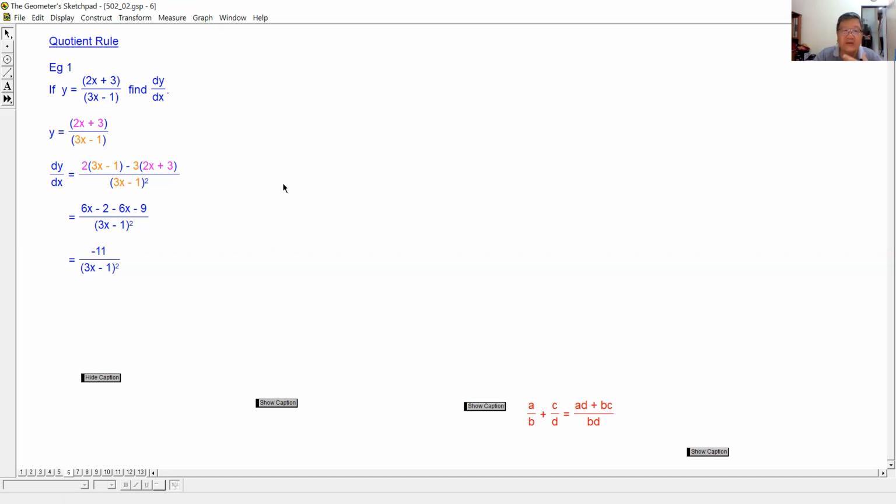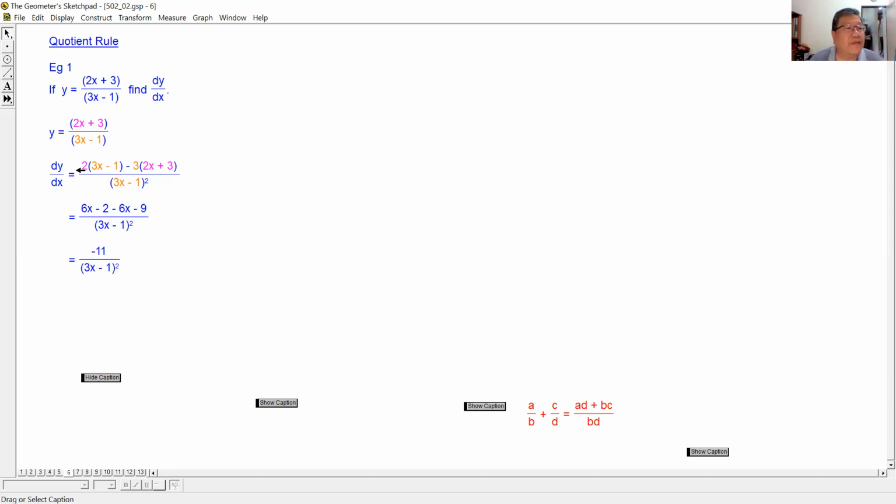Although you are still taking turns, for quotient rule you have to differentiate the top first. In product rule, which one you differentiate first doesn't matter, because it is addition, and addition you can interchange. It is commutative. Whereas in this case, the sign at the center is subtraction, and subtraction you cannot interchange, otherwise you get it wrong.